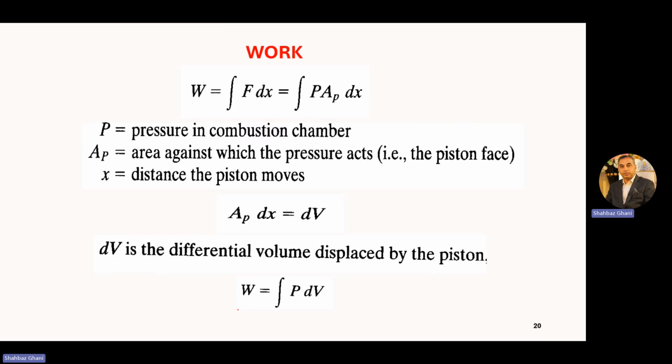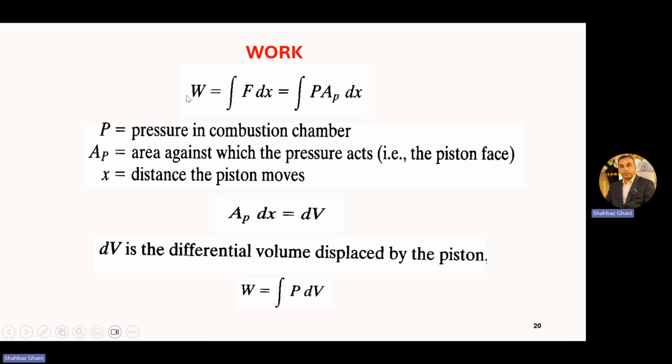Okay. Now, the first topic was the engine parameters. With respect to operating characteristics, the second topic is work. Work we can normally define as force into displacement. So the work here can be defined as the integral of force into displacement as the piston moves. And force is pressure into area, since pressure is force per unit area. P is the pressure in the combustion chamber, AP is the area against which the pressure acts, the piston face, and X is the distance the piston moves.